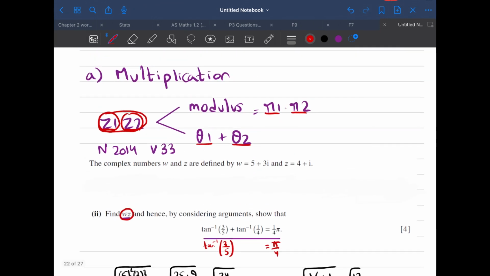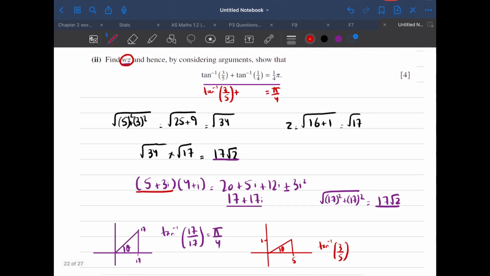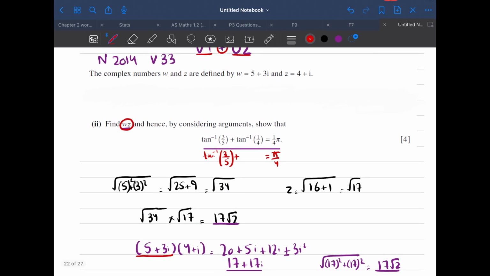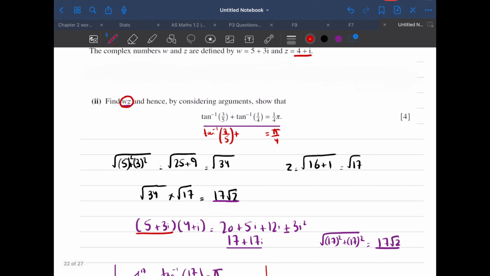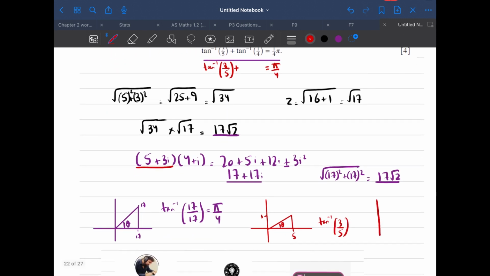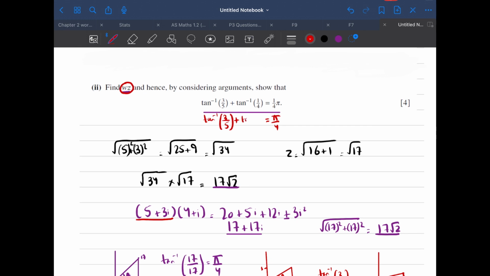Now as they are multiplied, what's the rule of argument? In between it's plus. Now let's find the argument of the other complex number, that's z, 4 plus i. So 4 plus i will lie here. It's going to be tan inverse 1 upon 4. Let's write it here. And that's it, it's shown.